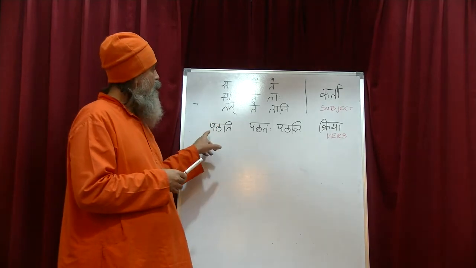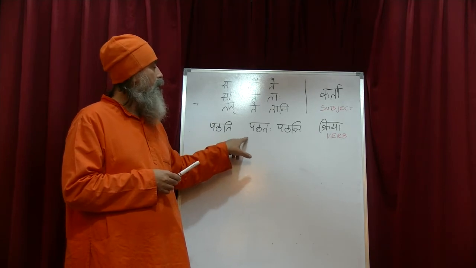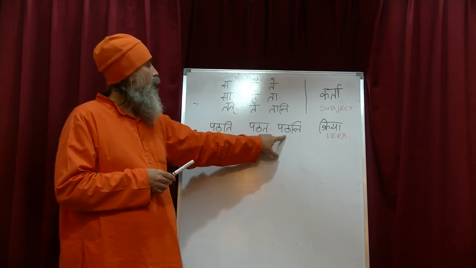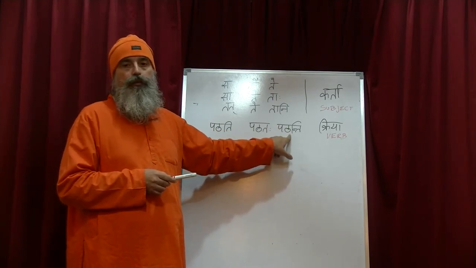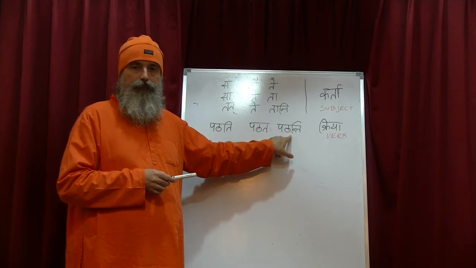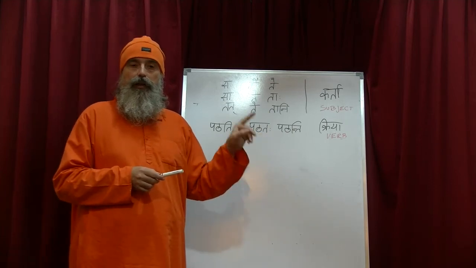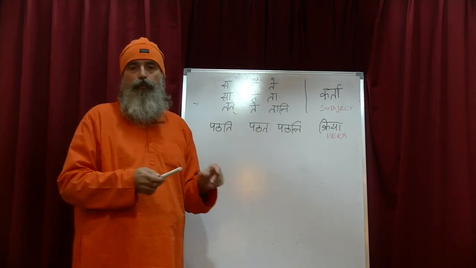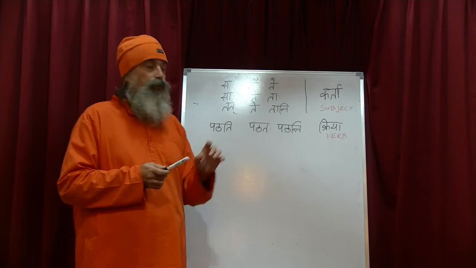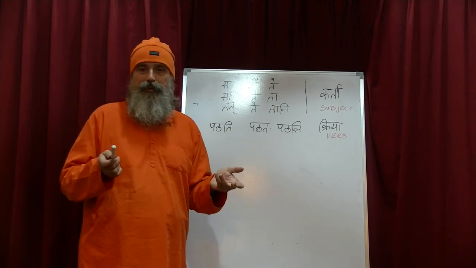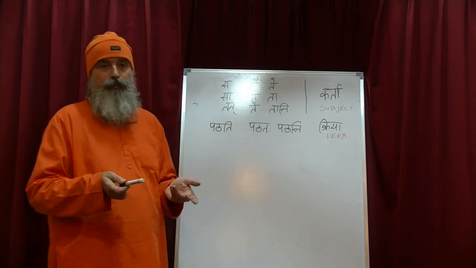Is that once we learn this belongs to the bhu dhatu gana, bhavati gana, patati, patataha, pathanti, to study or to read. Once we learn this, the bhavati gana is the biggest group of the verbs, and bhavati gana has around 1,000 verbs. So once we learn this, we learn 1,000 verbs. What more easier do we want from a language?